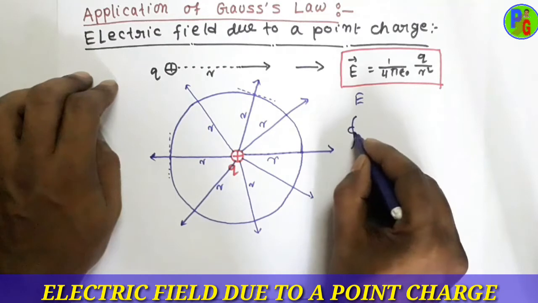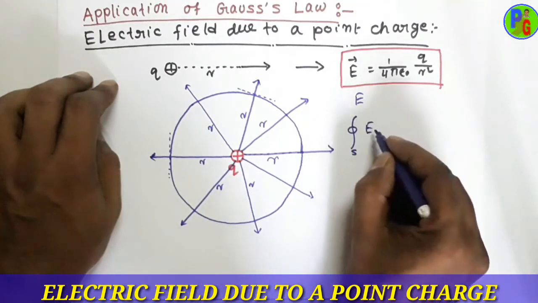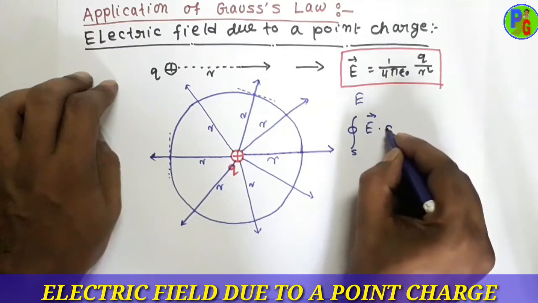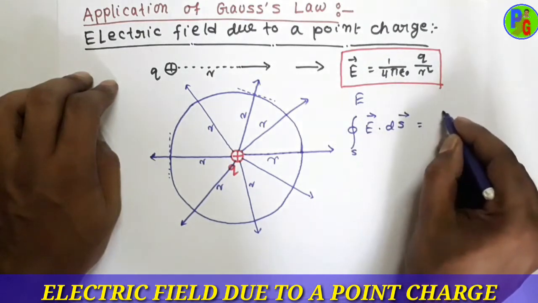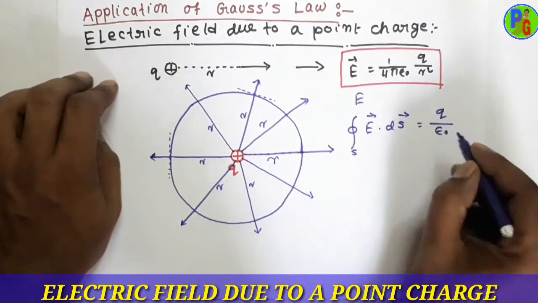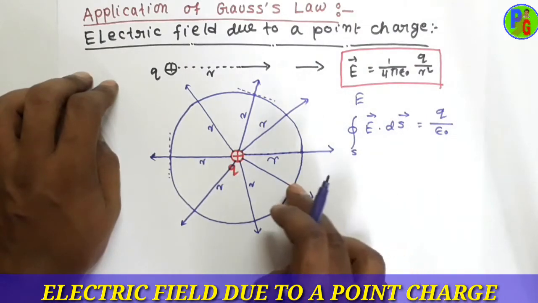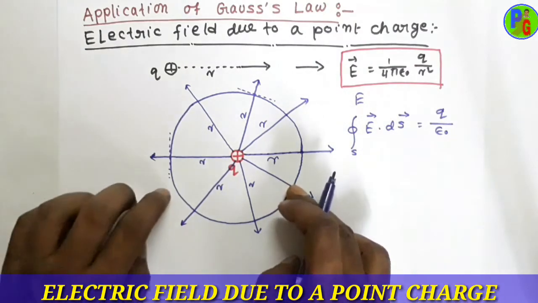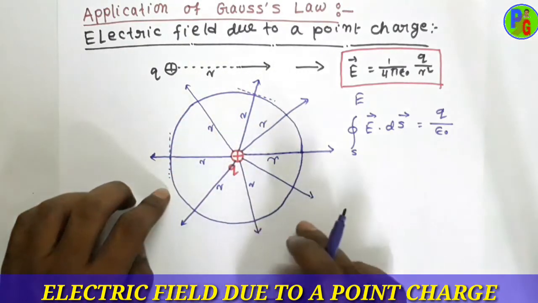Now Gauss's law says that the closed surface integral of E dot ds is equal to the total charge inside by epsilon 0. Now look at the two properties I showed here. One is that the electric field is always perpendicular to the surface.